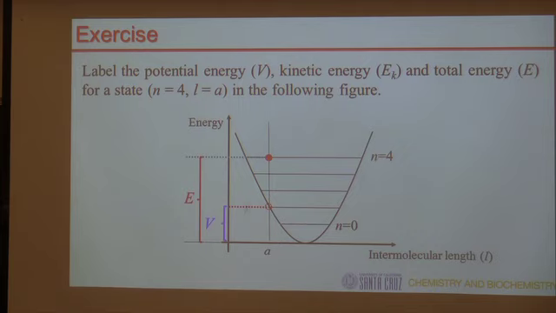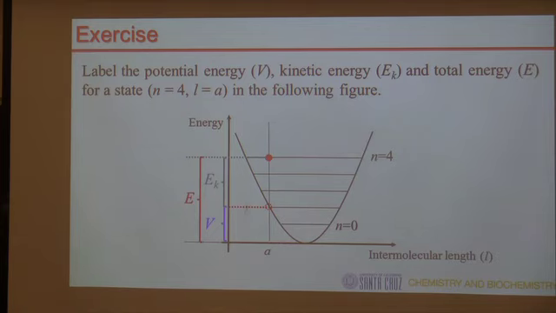Actually the hardest one to identify, kinetic energy, now becomes very easy because you already know E, and you already know potential energy. Kinetic energy plus potential energy must give you total energy, so the remaining part will be kinetic energy. Good idea? This is a practice to help you understand the energy diagram of a harmonic oscillator.